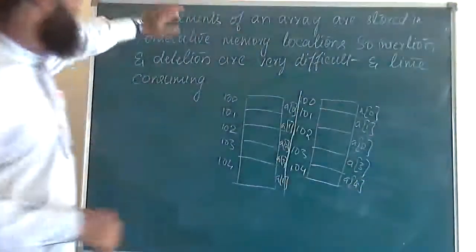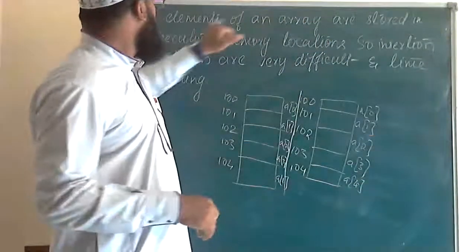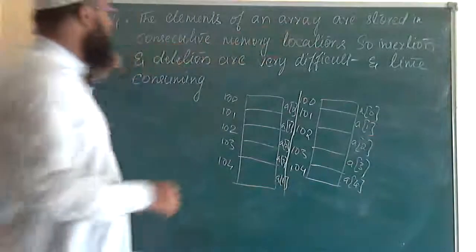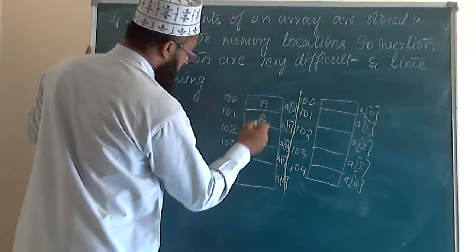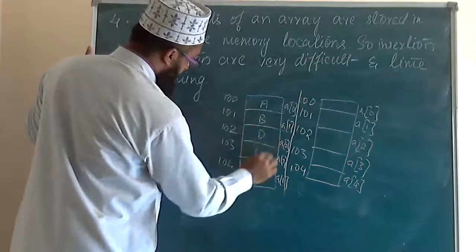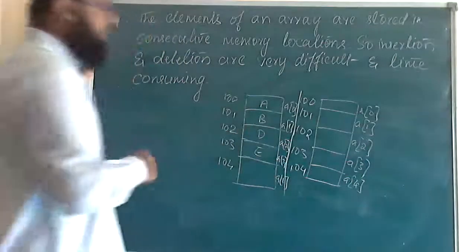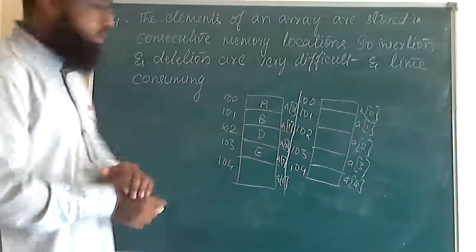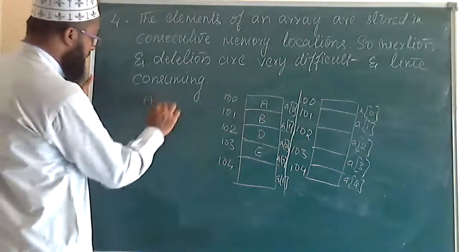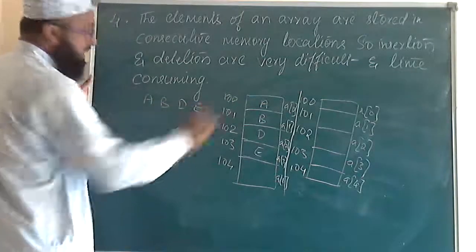This means our elements are stored in consecutive memory locations. It means A, B, D, E. Consecutive means one after the other without giving a gap. Okay. A, B, D, E are inserted.